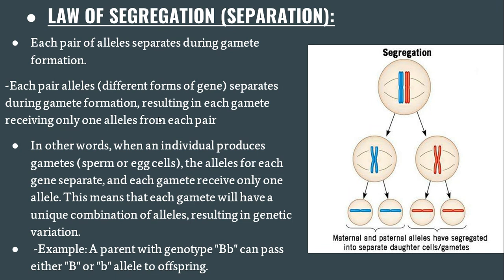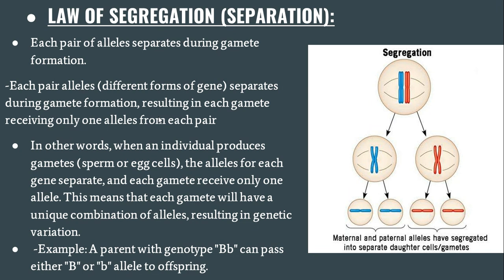In other words, when an individual produces gametes, that is sperm or egg cells, the alleles for each gene separate and each gamete receives only one allele. This means that each gamete has a unique combination of alleles, resulting in genetic variation.